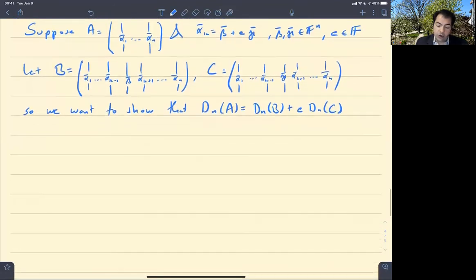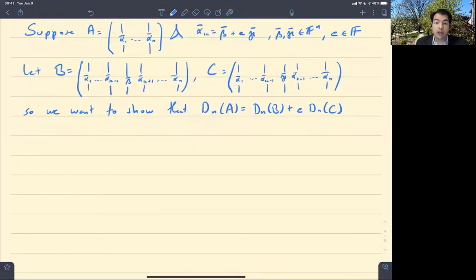Here alpha_k is an arbitrary column of the matrix A. The thing to notice is that a_st is equal to b_st is equal to c_st, where I'm looking at the entries of the matrices, unless t is equal to k. So if you're not looking at the kth column, then all of the entries of A, B, and C coincide.